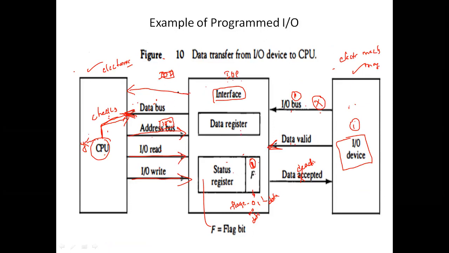When an interface sends the interrupt signal, the INT signal, the CPU will stop this Y task and store the details of this Y task.